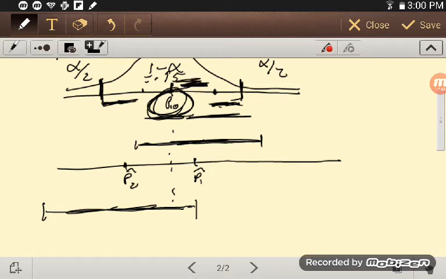I'm only shoving it over a little bit. So 95% of the time, this interval that I make from my p hat is going to contain the right answer.